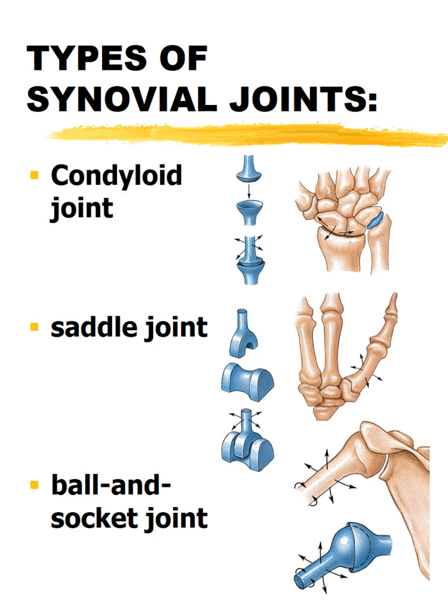And the most freely mobile type of synovial joint is the ball and socket joint, because these are considered multi-axial joints, where the spherical articulating heads of one bone fit into the rounded cup-like sockets of the second bone. And so the hip joint and the shoulder joint are common examples where they have movement in three axes.